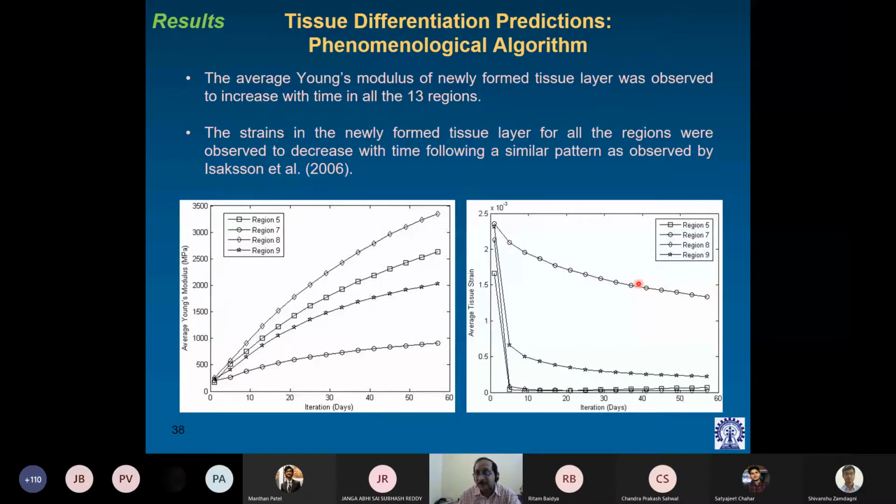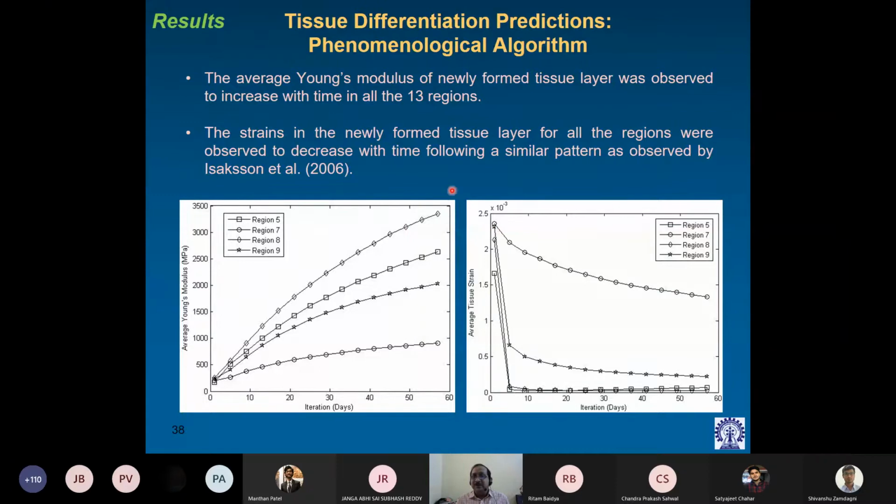Now what we observed for all the 13 regions is that the average Young's modulus of the newly formed tissue layer increased with time in all the tissue layers. That means tissue is being differentiated from very soft granulation tissue into harder tissues. Overall, the average Young's modulus was increasing. If you take 5, 7, 8, 9 as representative regions, you can see how it has grown over time, iterations, and then stabilized.